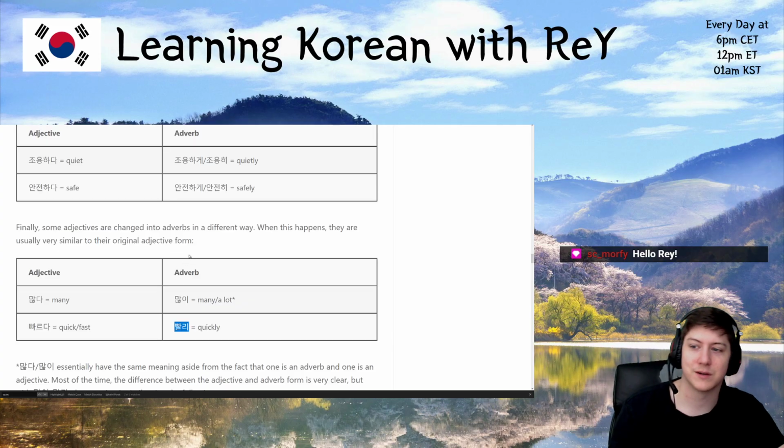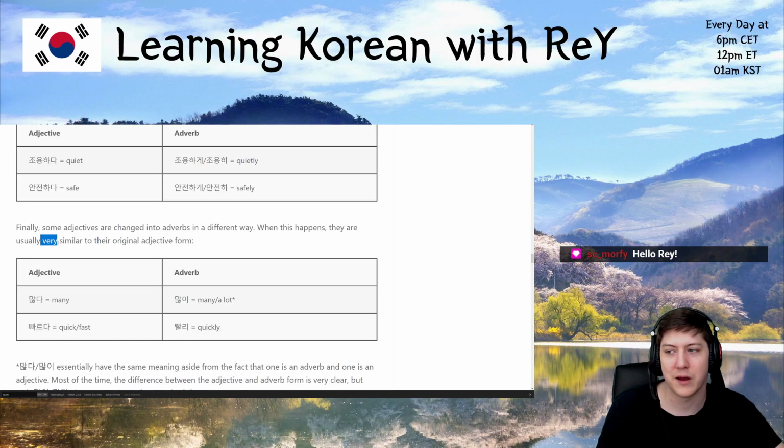Not super similar, but I wouldn't call it very similar. Basically both syllables from the stem are changed. It's similar, okay.